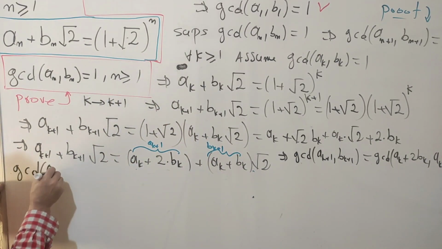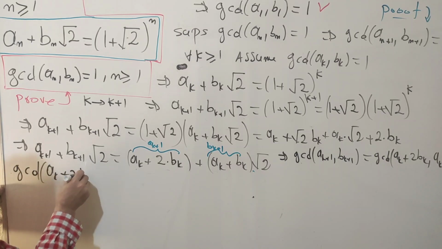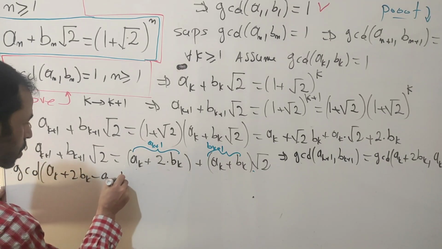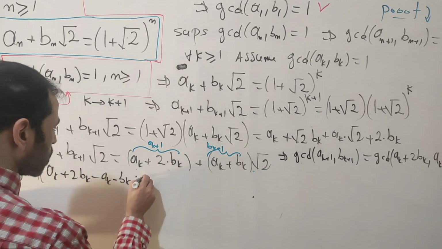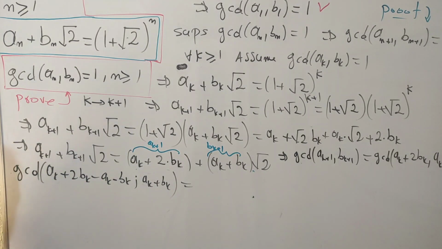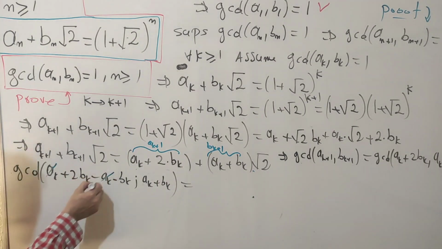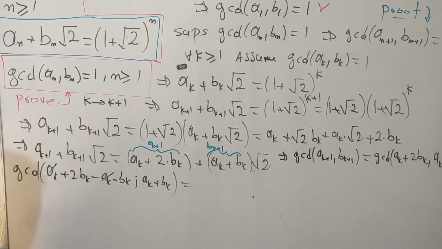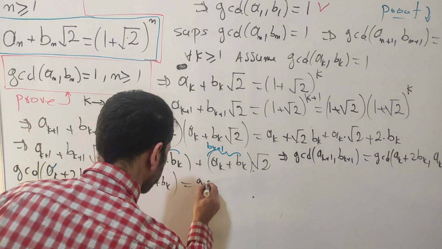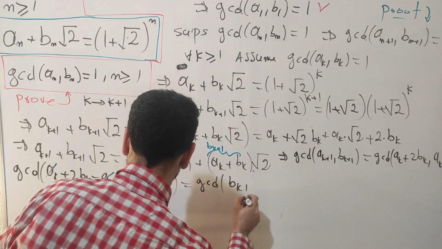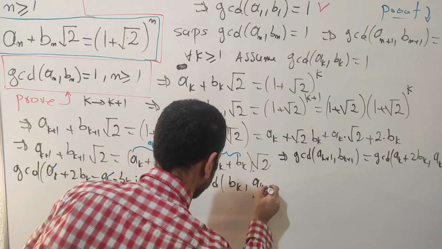So I get GCD, e sub k plus 2 times b sub k minus e sub k minus b sub k. The other one is going to be the same, e sub k plus b sub k. So cancelling out this one with this one, and this one with this one, down to the b sub k, I will be left with GCD of b sub k and e sub k plus b sub k.